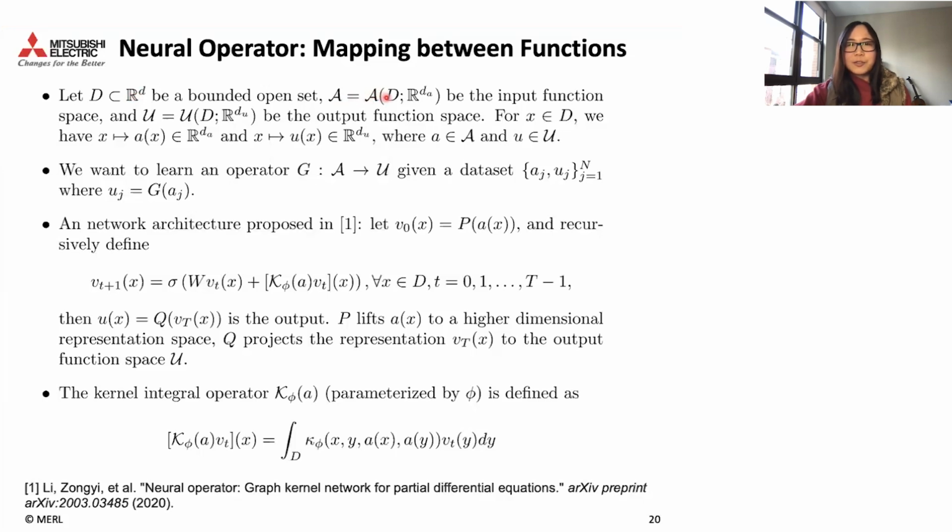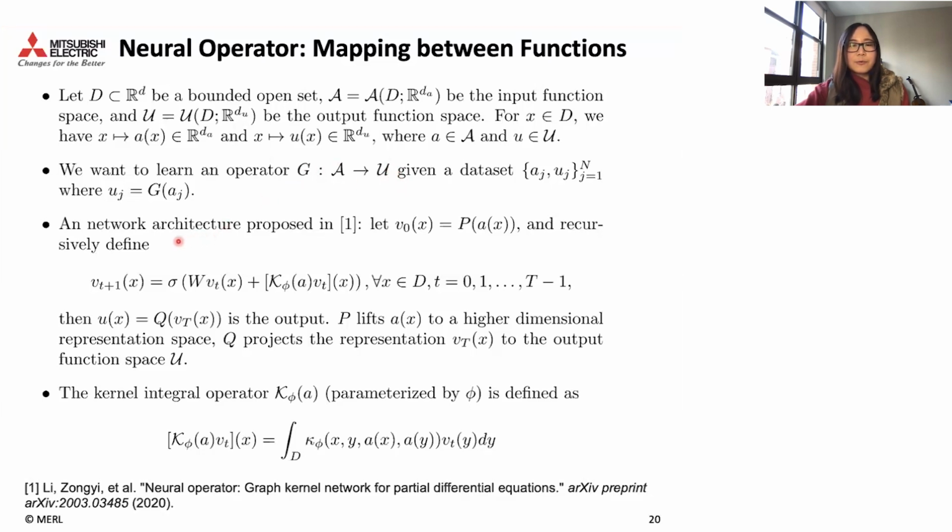And then this is a function space for the input function, which is the input for the neural operator, which takes values in, say, R^{d_a}, and the output function will also be defined on the domain and take values in R^{d_u}. So the neural operator is trying to approximate an operator that maps the input function space to the output function space.